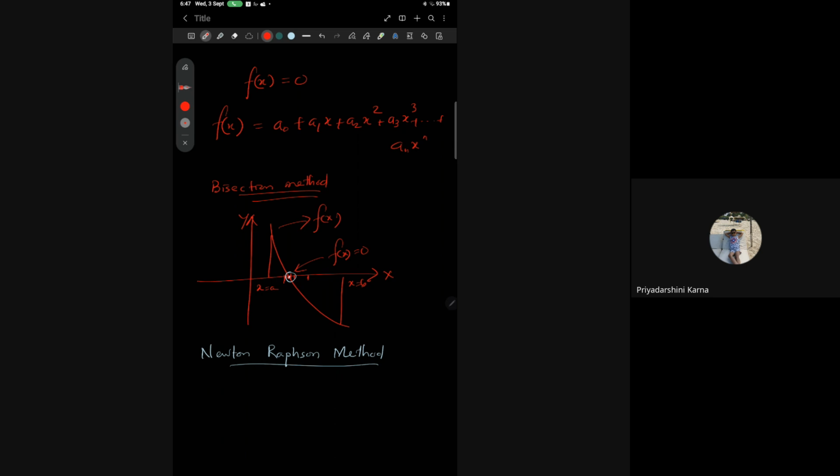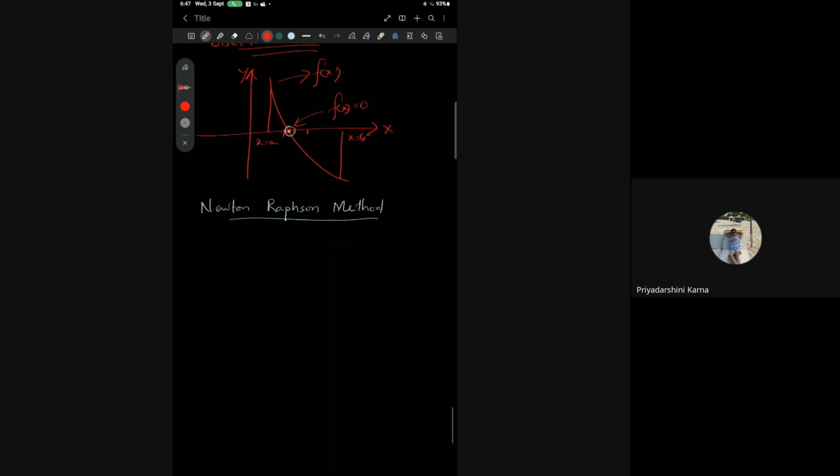This method is generally used to improve the result by one of the previous methods which is used in calculus, that is Taylor series expansion. Okay, so let me write it down.